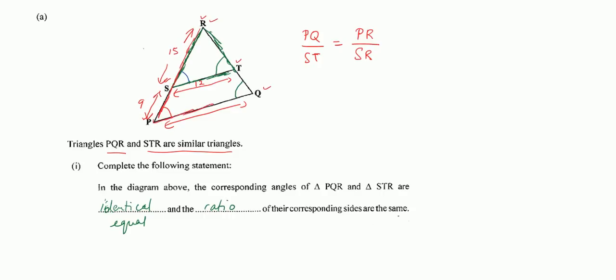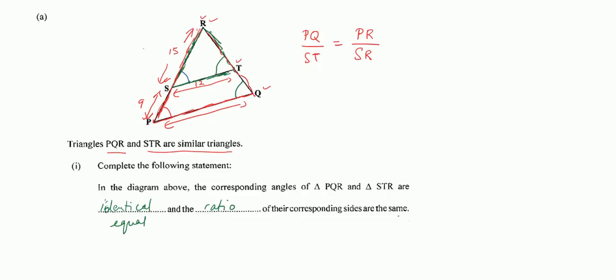So if we look at the bigger triangle, the length PQ divided by ST on the smaller triangle, that's how I said PQ over ST is equal to PR, which is the bigger part of the bigger triangle, over SR, which is for the smaller triangle.